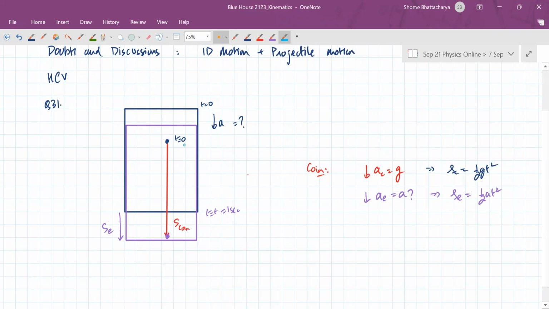Now it's also given to you that the height from the floor of the elevator from which it drops the coin is equal to 6 feet. So now you can see here that the value of t is equal to 1 second.